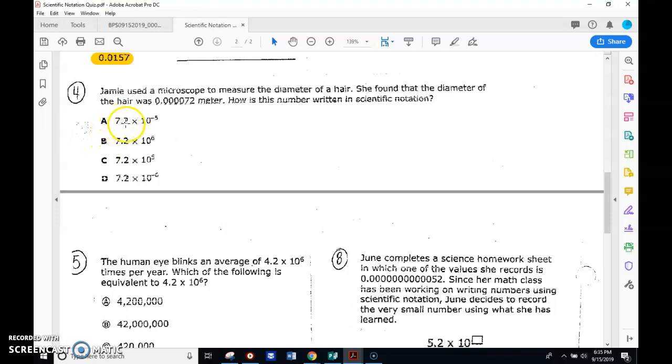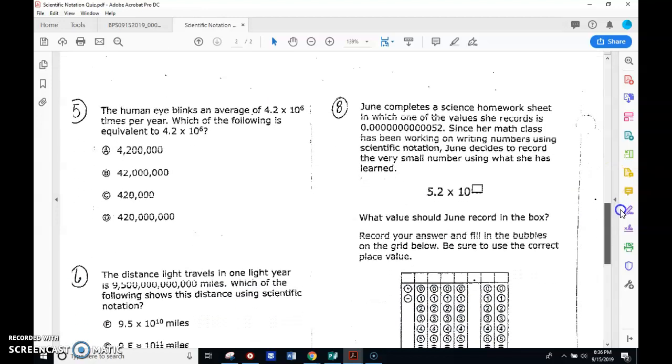A, 7.2 times 10 to the negative 5th power. B, 7.2 times 10 to the 6th power. C, 7.2 times 10 to the 5th power. Or D, 7.2 times 10 to the negative 6th power.